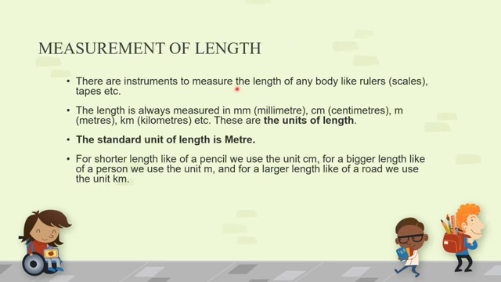Measurement of length. There are instruments to measure the length of anybody that we have just learned. All the standard units, rulers, measuring tapes, right? We have instruments, measuring tools. Length is always measured in millimeter, centimeter, meter, kilometer.